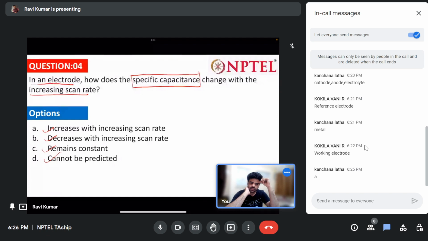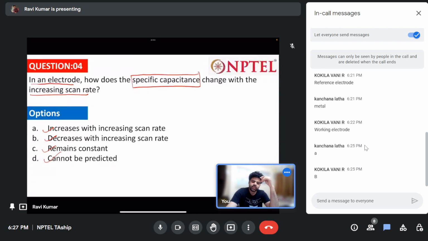Specific capacitance increases, according to Kanchana. Okay. Kokila is saying decreases. Okay, so Kokila, you are right.